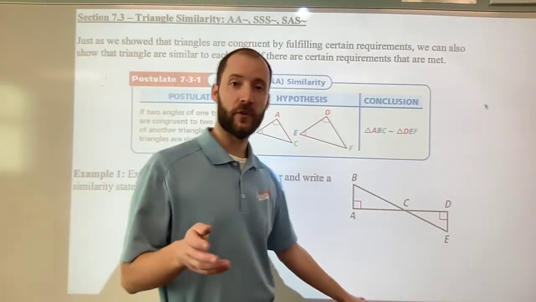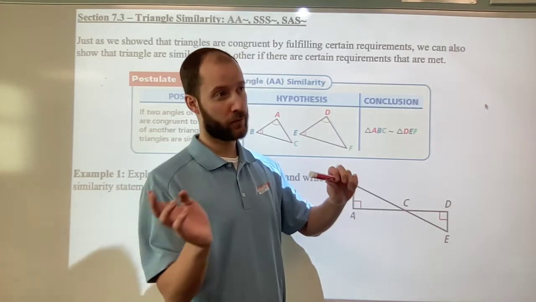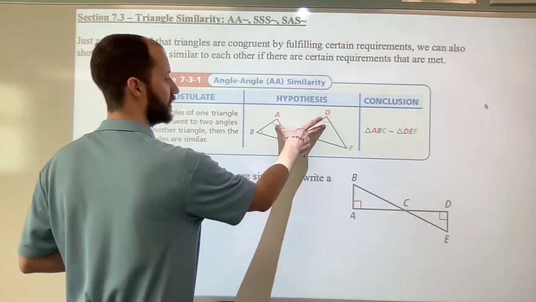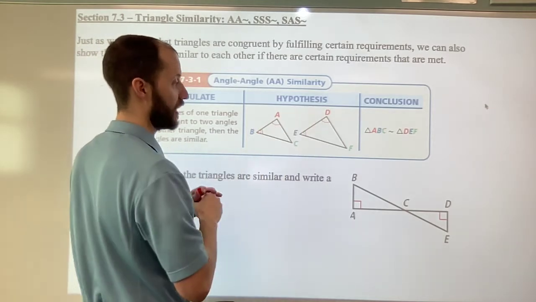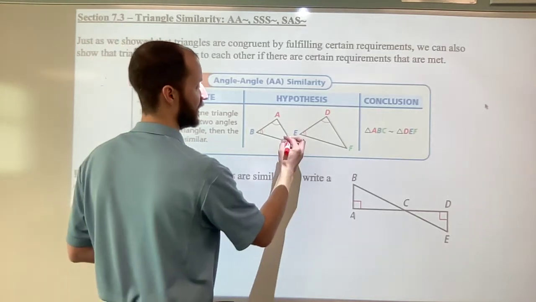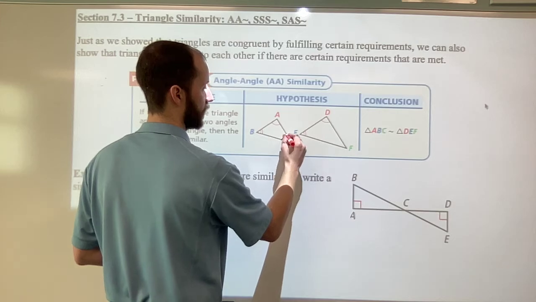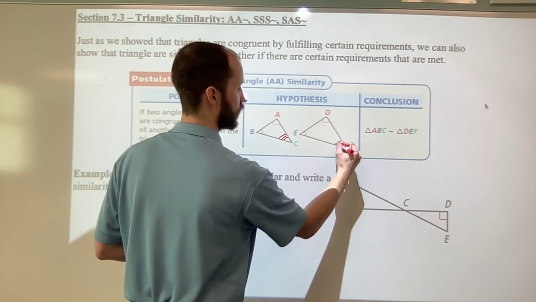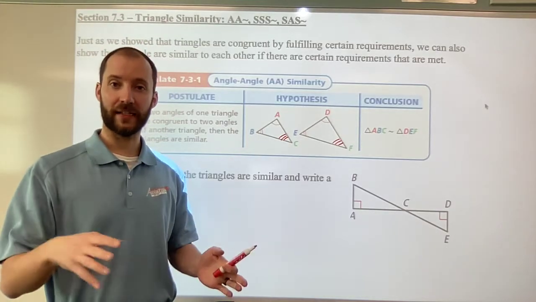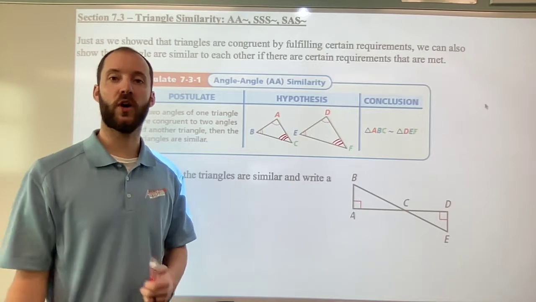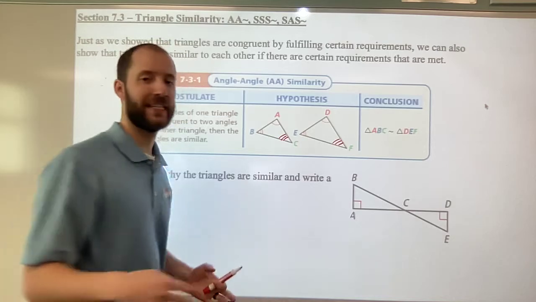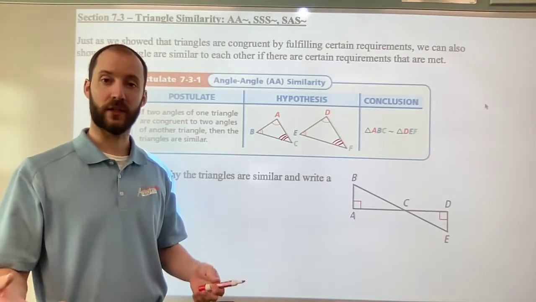If you remember from chapter 4, if we have two pairs of angles that are congruent in two triangles, then the third angles theorem means the third pair of angles are also congruent. So if every pair of angles has a 1-to-1 ratio, all the angles in one congruent to all the angles in another, we can say the triangles are similar.